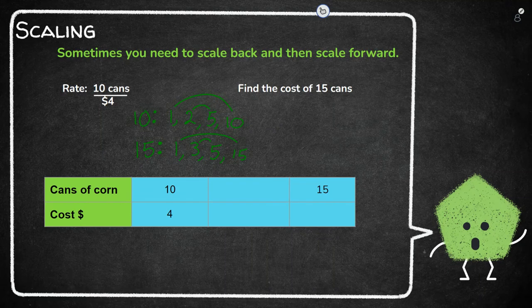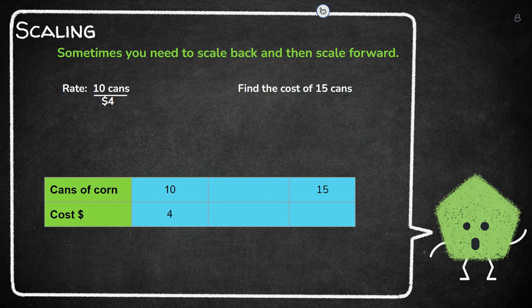So with this list, what's the greatest common factor between 10 and 15? 5, which means if I can turn the cans into 5 cans, if I can go from 10 to 5, that means I can go from 5 cans to 15 cans. Because 10 can't get to 15, but we can turn a 10 into 5 cans.